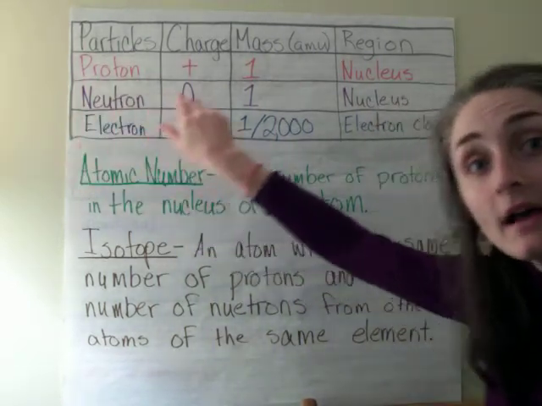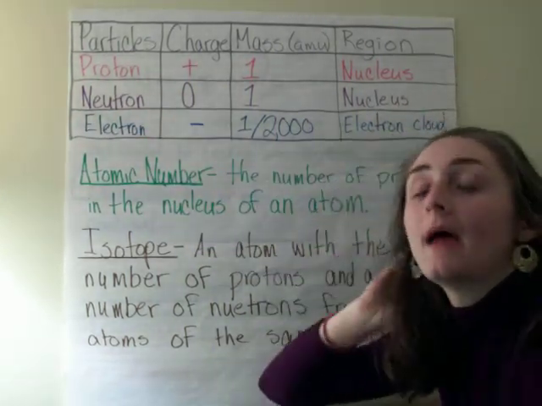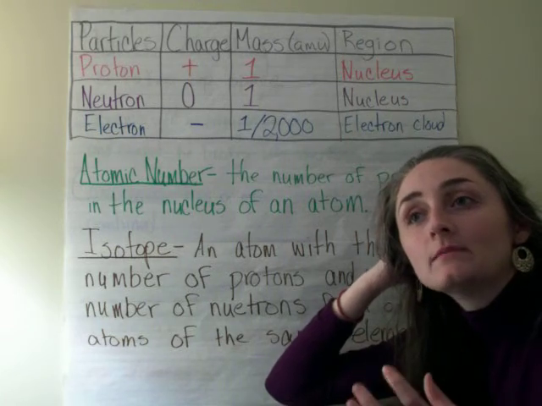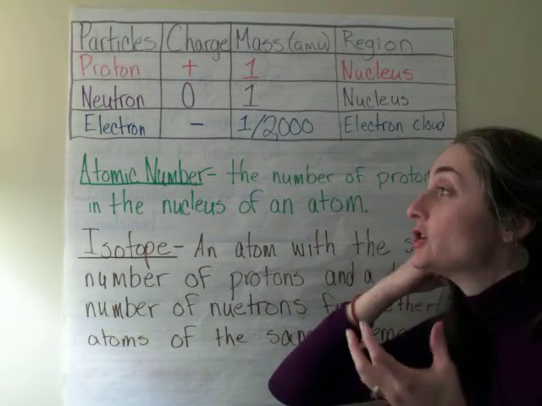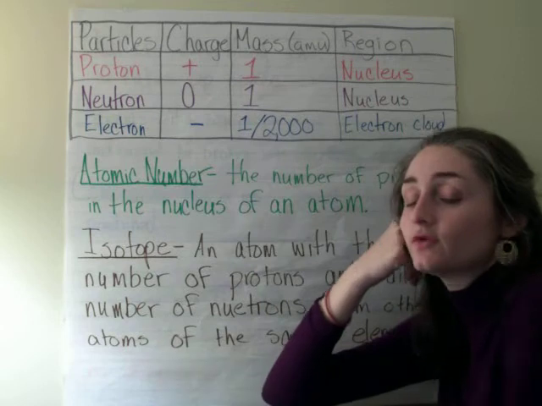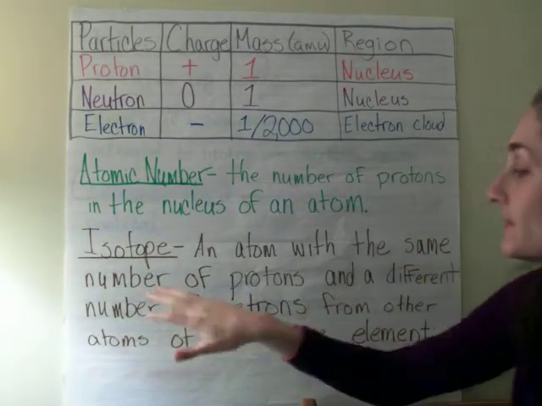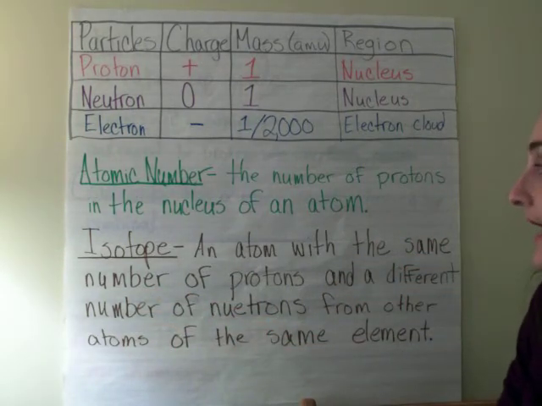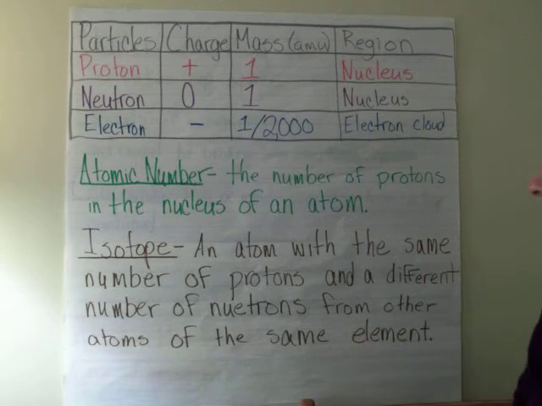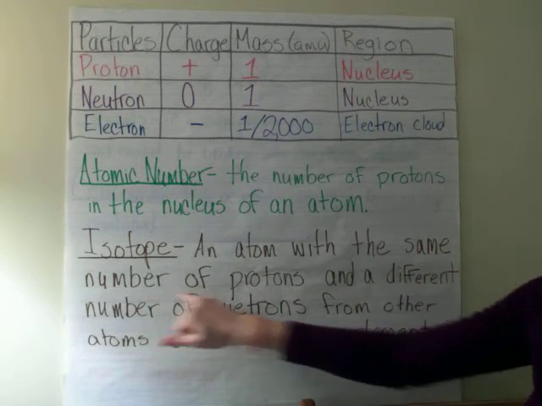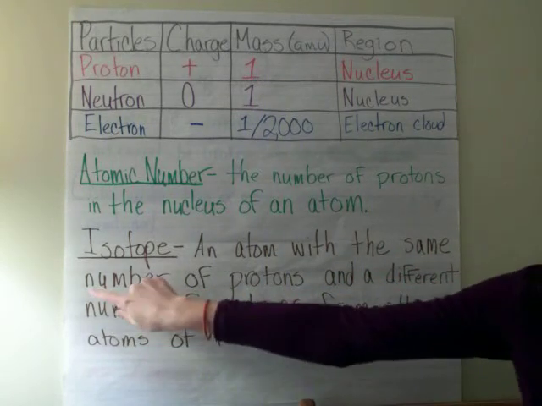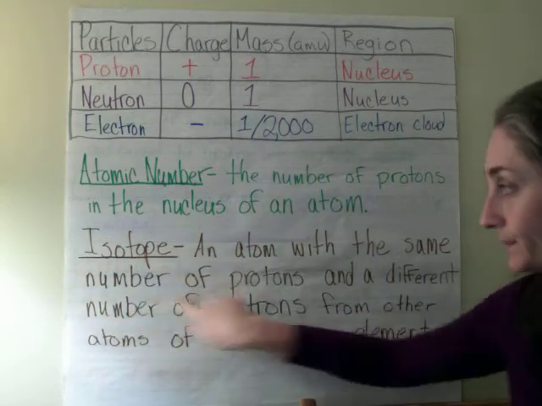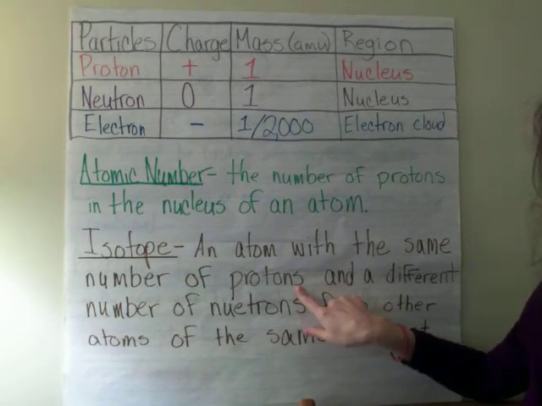However, it is possible for atoms of one particular element to have different numbers of neutrons. Now when this happens, we have something that we call an isotope. And all that an isotope is, is simply an atom with the same number of protons. Keep in mind, number of protons indicates what element we're talking about.